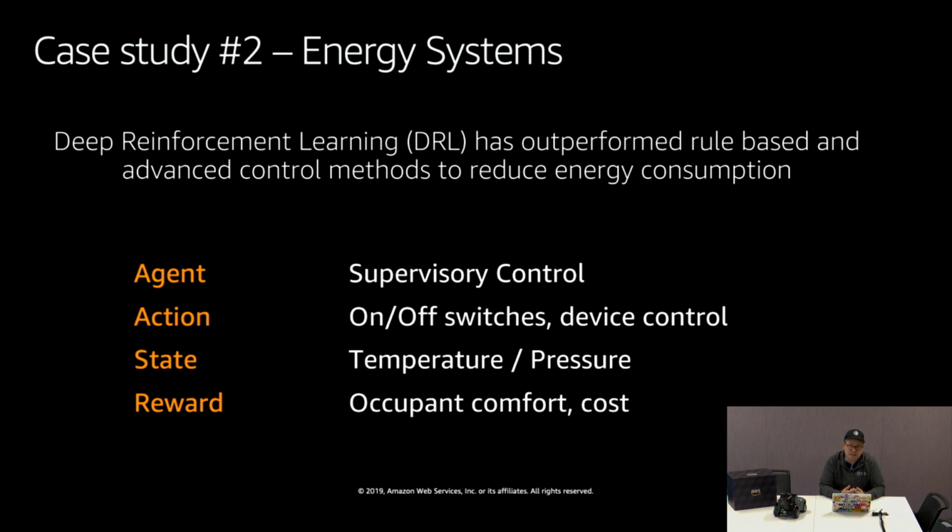So the agent in this instance is going to be the control systems that manage all the HVAC systems. The actions they can take are things like turning on and off heat systems, changing control. And then the state is really what temperature and pressure a particular room or floor is currently at. And ultimately we're leading to the fact that we've got comfort for the occupants.